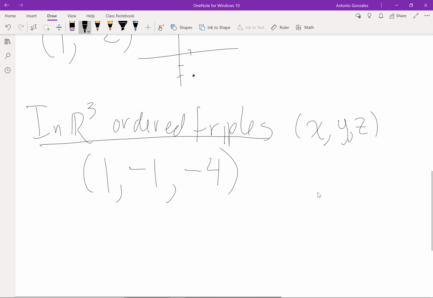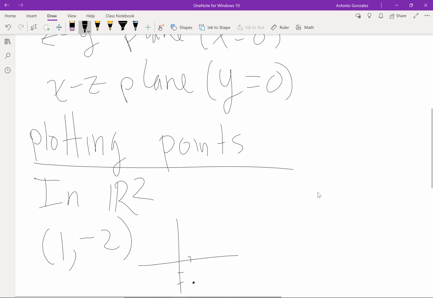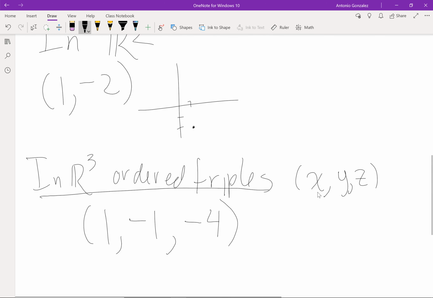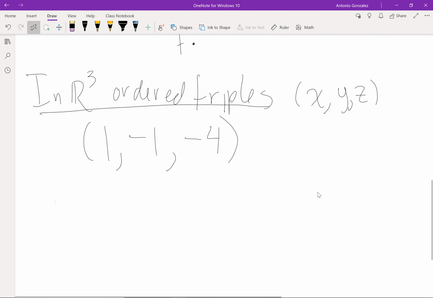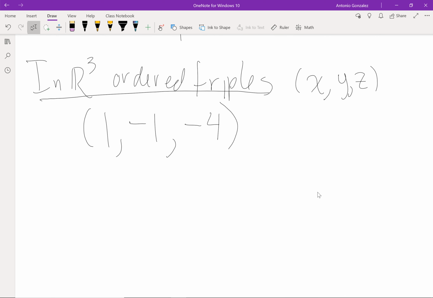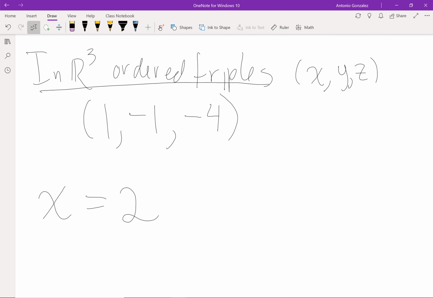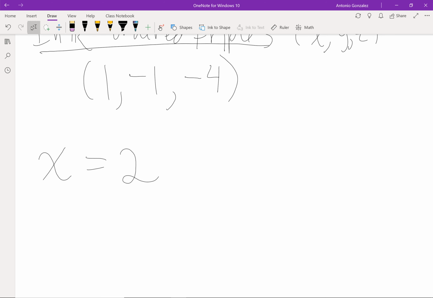All right, so we have ordered triples here. We saw the XY, the XZ plane, and to expand on the whole plane idea, let's look at basic planes where we have equations in one variable. Let's say we had x equals 2. I want you to think of these as collections of sets of points.